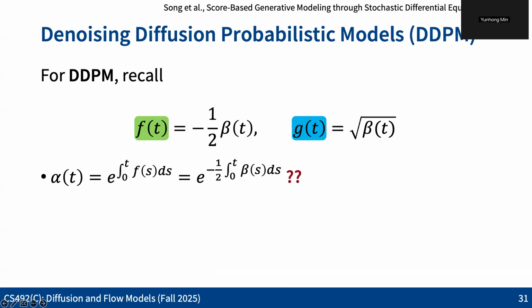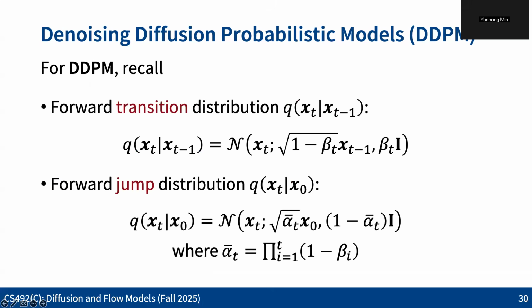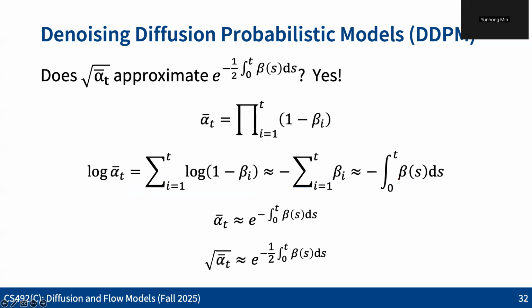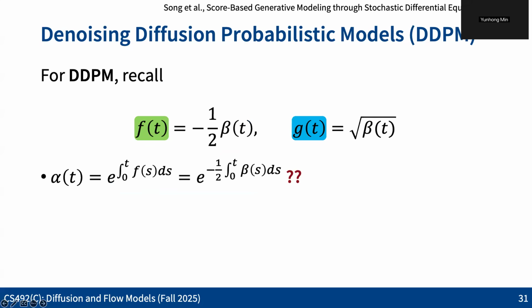But it turns out that the alpha_t function defined this way is a good approximation of this exponential term. I'm not going to go into details here, but if you go down to the approximation formulations, you can see that the jump distribution we saw in the previous lecture is aligned, a good approximation of this formulation.